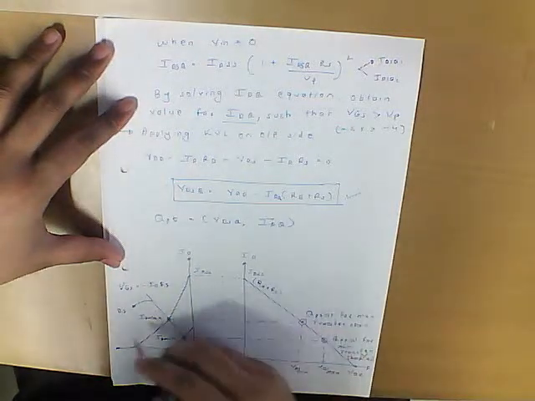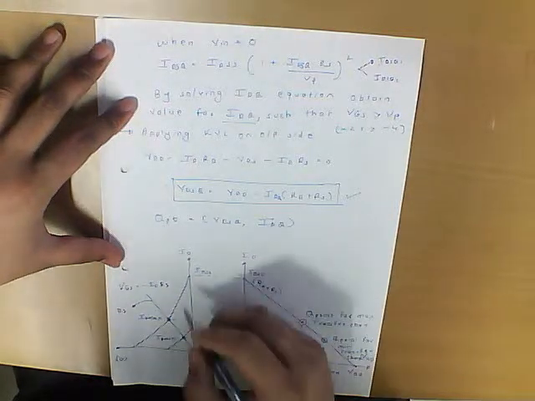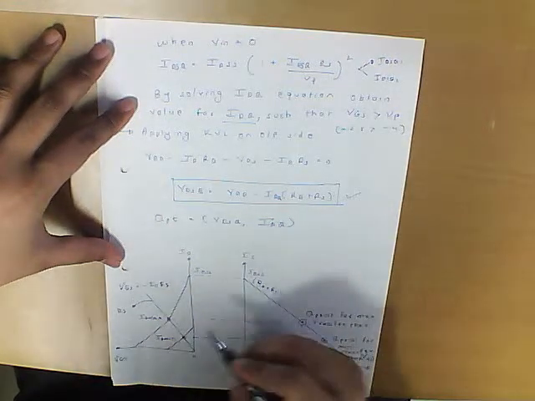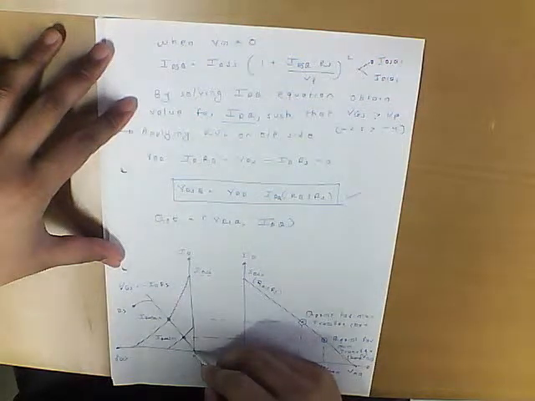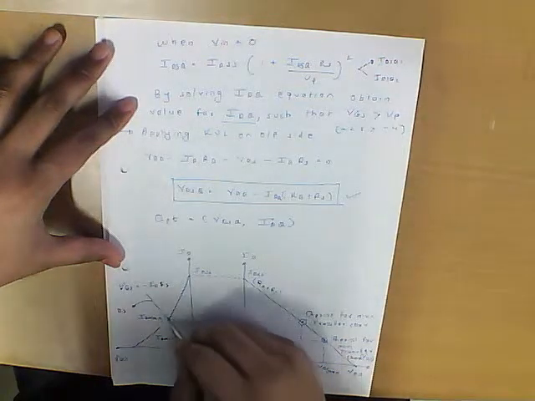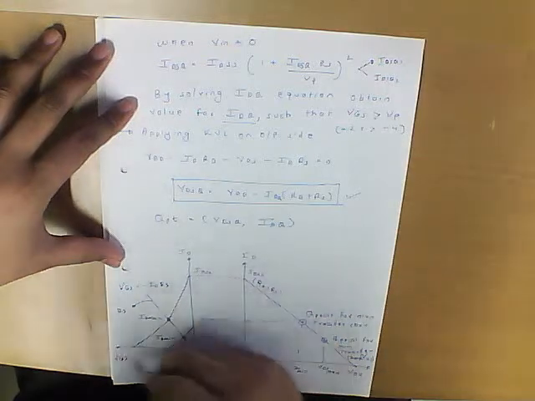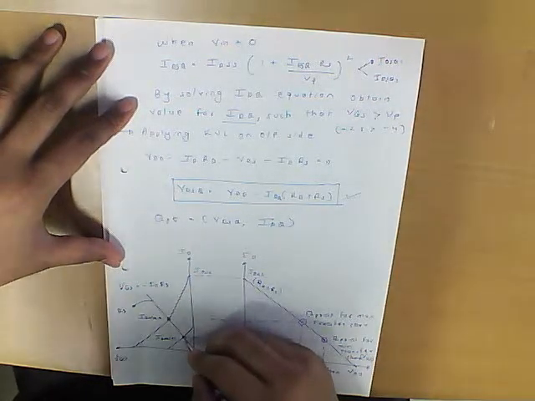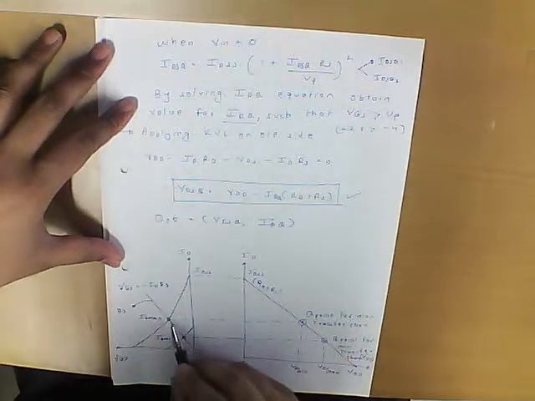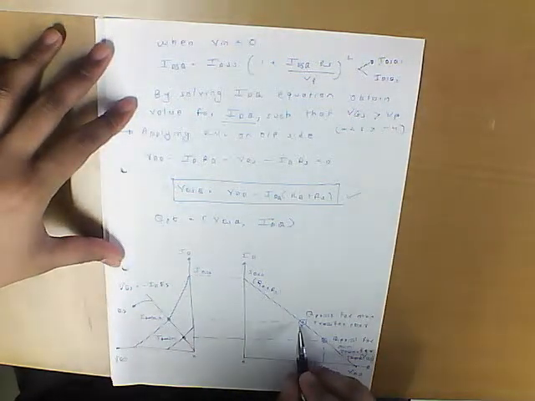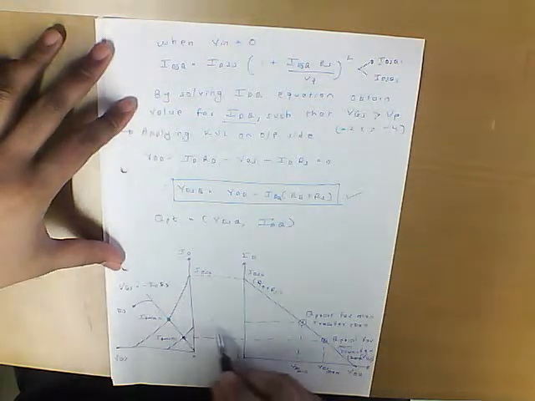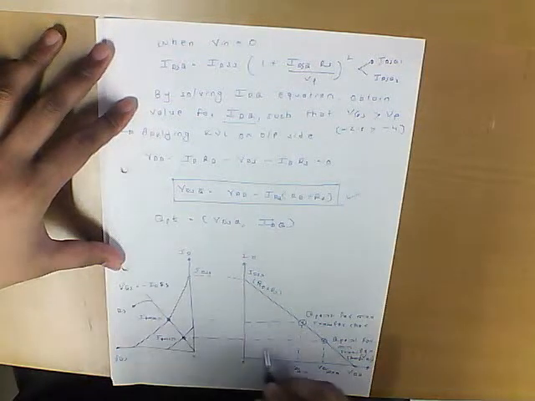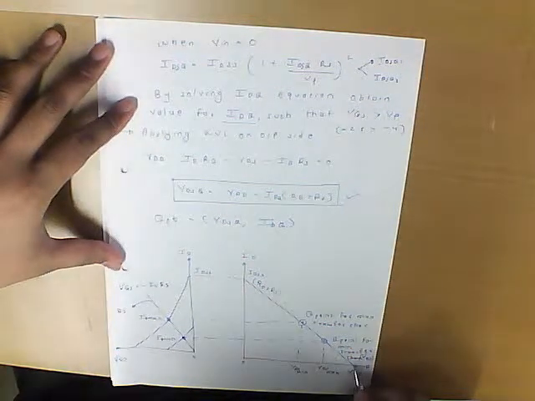So how do you draw a line on the ID versus VGS curve having this equation? We draw a line starting from the origin with slope RS on the ID versus VGS axis, and it is going to cut the maximum and minimum transfer characteristics at 2 points. Again, we project these 2 points on the DC load line. So ID max gives us the Q point for maximum transfer characteristics, and ID min gives us the Q point for minimum transfer characteristics.